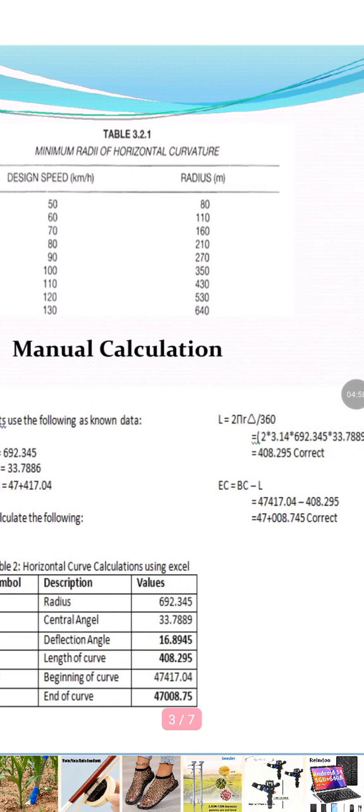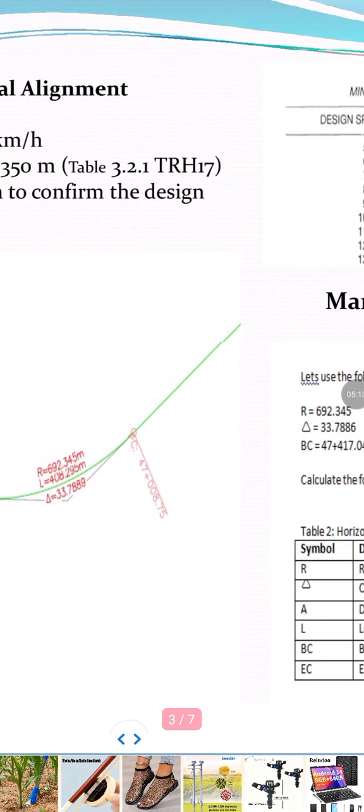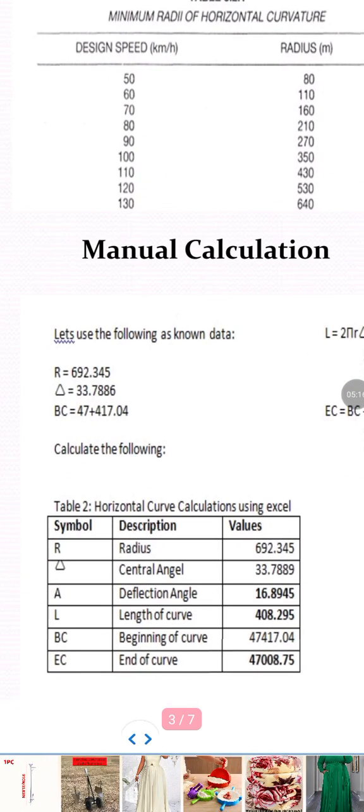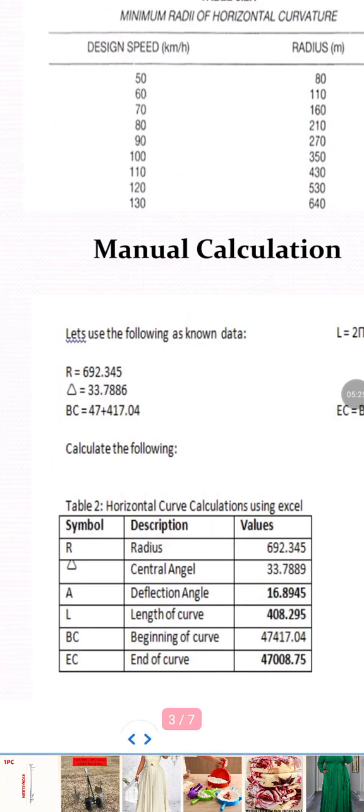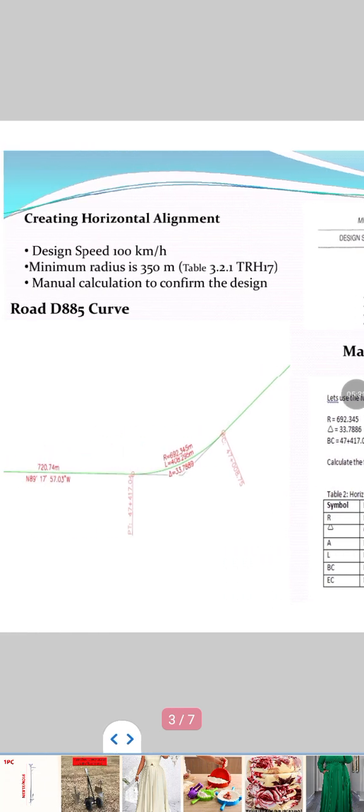The end of the curve was found to be 47 kilometers, 8.75 meters. It's also correct. The end of our curve is 47 kilometers, 8.75 meters. And we also entered all the values on our Excel spreadsheet, and we put in all the formulas to do the calculations. As you can see, they are indicated there. Everything is the same.